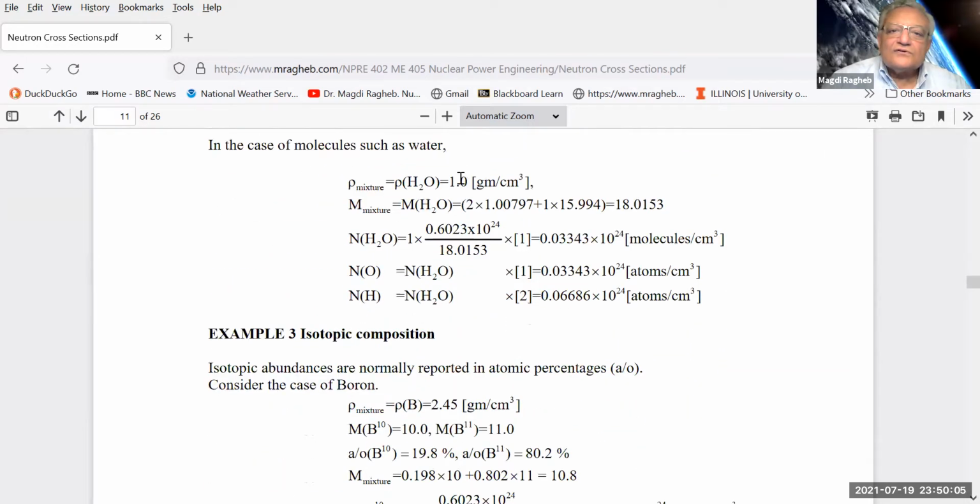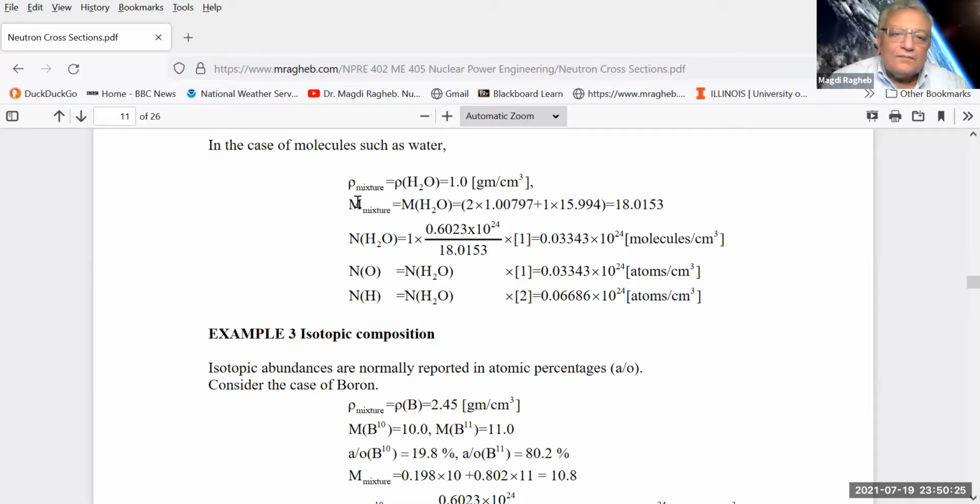The density of water is 1. The molecular weight of water in that case is 2 atoms of hydrogen, 2 multiplied by 1.008 atomic mass units, plus the mass of the oxygen, which is 1 atom of oxygen. The atomic weight is 15.99.